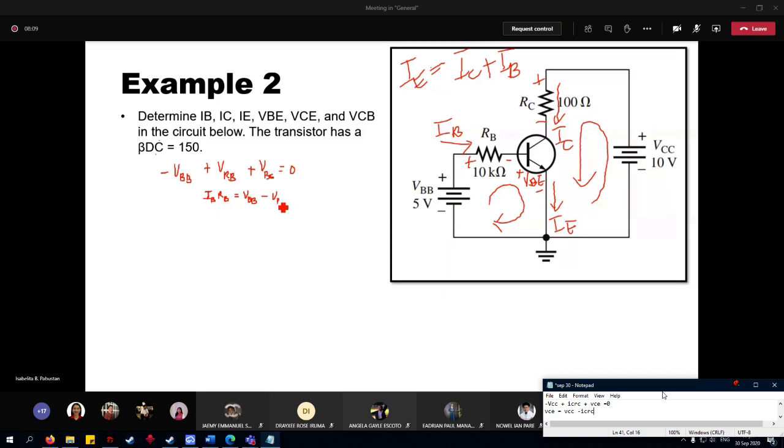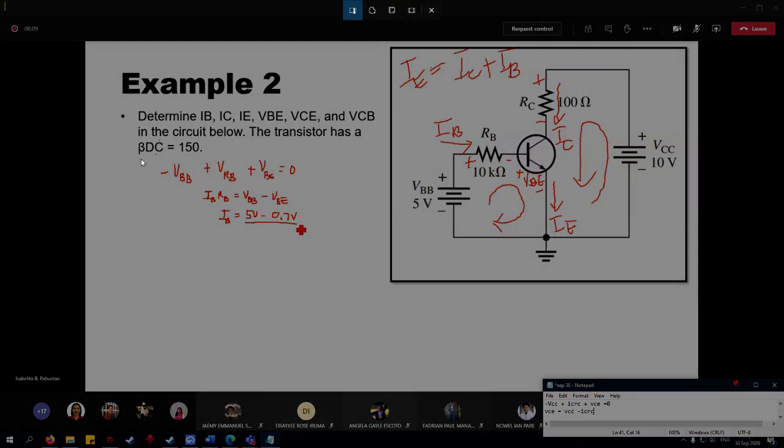So, therefore, your IB is equal to VBB, which is 5 volts, minus your VBE, which is 0.7 volts for silicon, divided by RB.